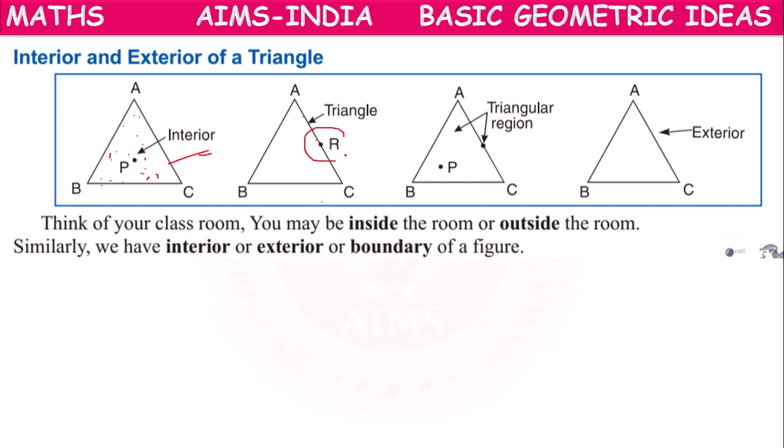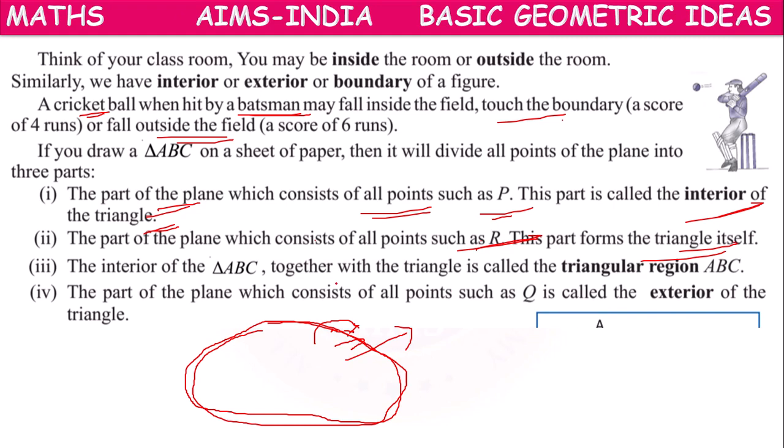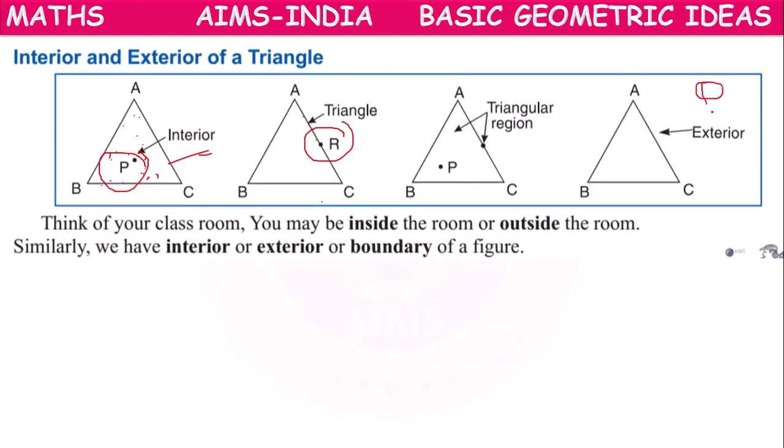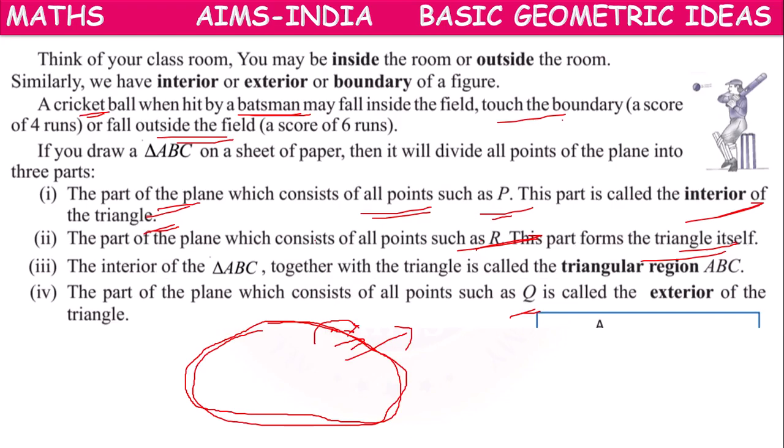P represents the interior part, R represents on the triangle. In the same way, suppose here you have Q, which is outside. Q represents the exterior part of the triangle.